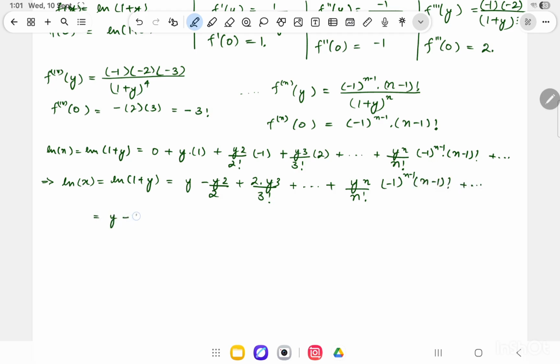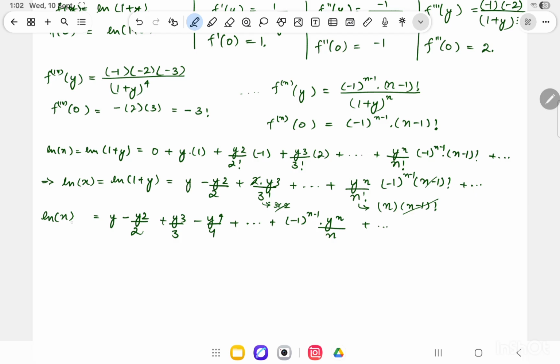If I expand 3 factorial, I get 3 into 2, and the 2 in the numerator balances the 2 in the denominator. So I get y cube by 3 minus y^4 by 4, and so on. And for the nth term, I get y raised to n by n, because I can write n factorial as n into (n minus 1) factorial, and this balances the other. So this is basically the Taylor's expansion of ln x, which is also equal to ln(1 plus y).